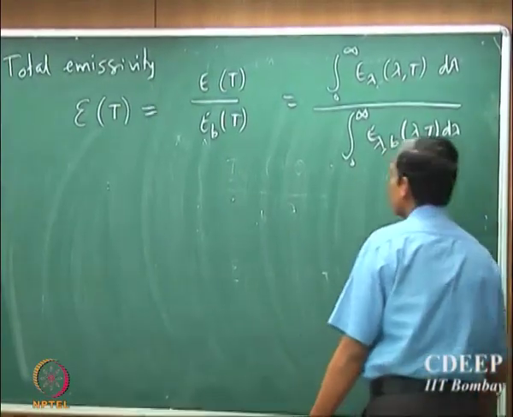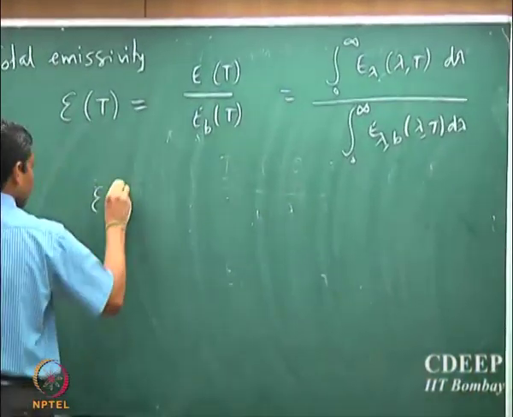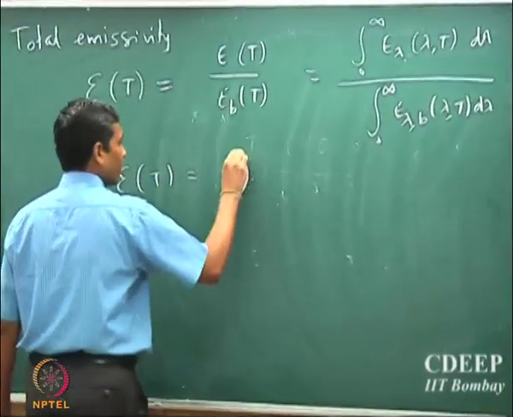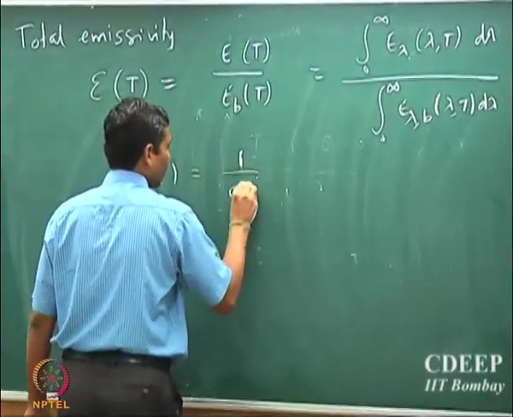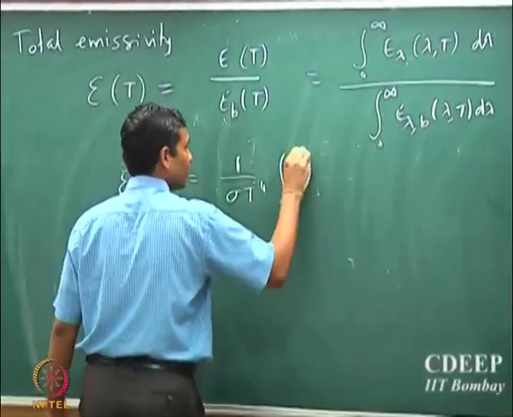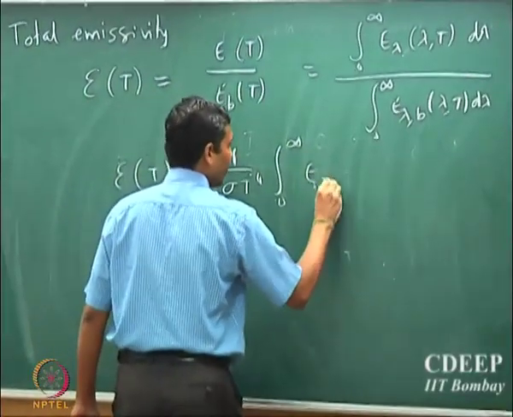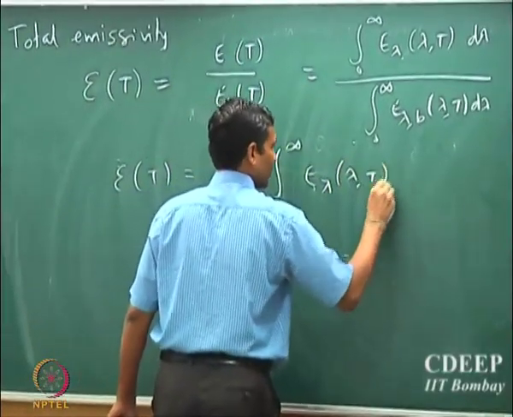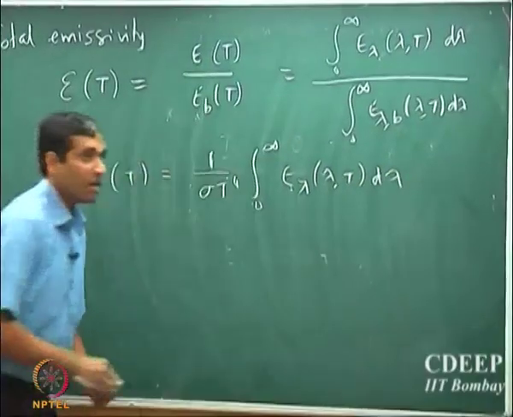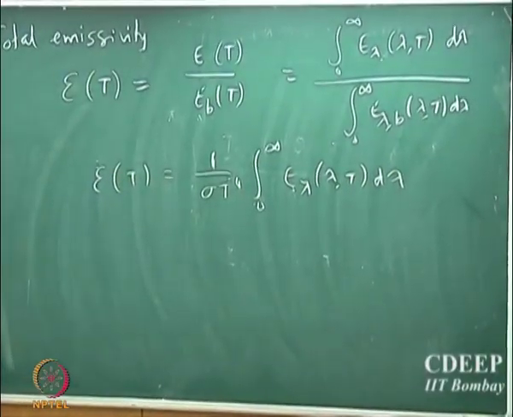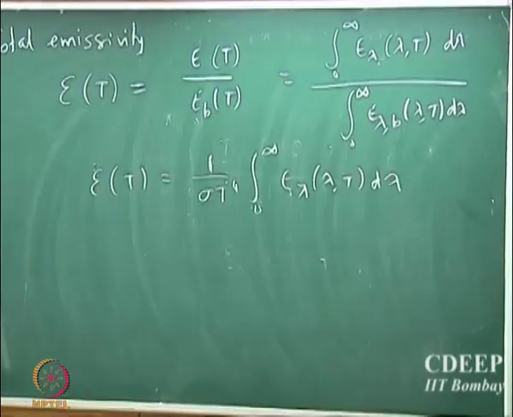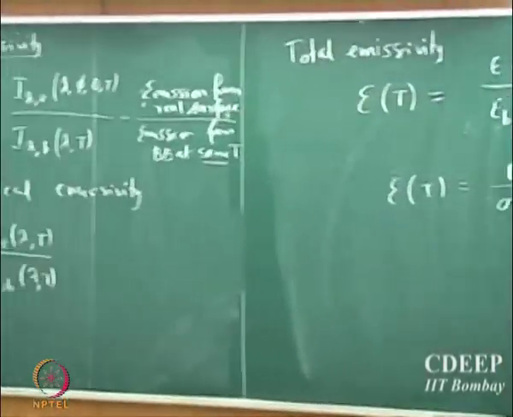Sigma T power 4. So epsilon T is 1 by sigma T power 4 into integral 0 to infinity E lambda d lambda.